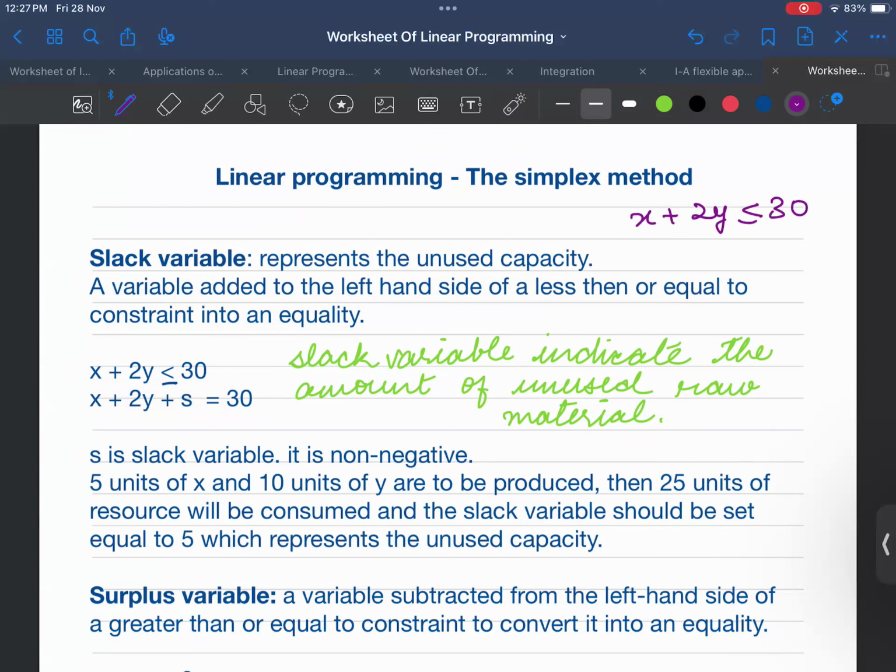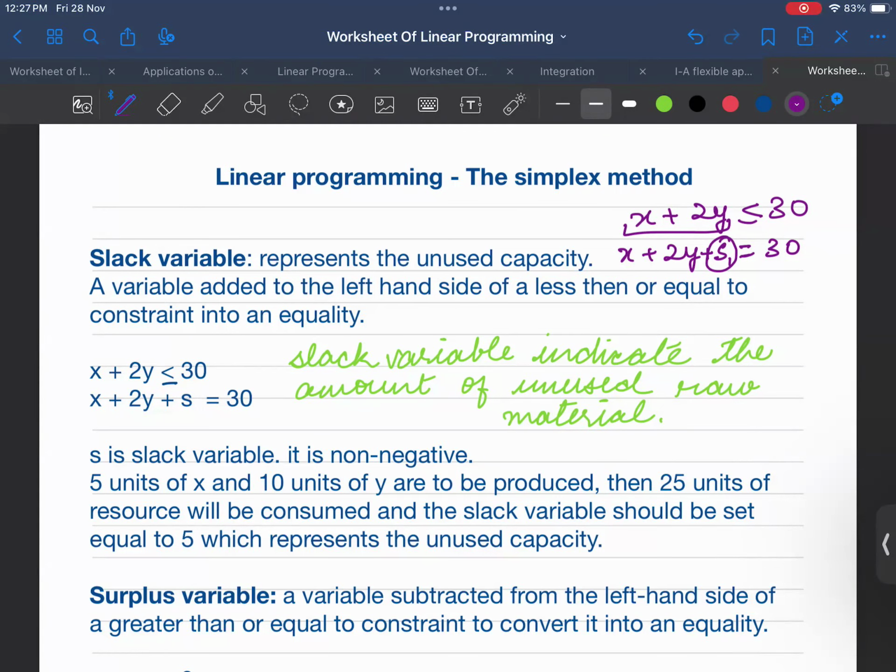I want this to be an equation, so I can make x plus 2y equal to 30. Since the left side is less than 30, if something is added to it, then it would be equal. That something is known as S1, or the slack variable.